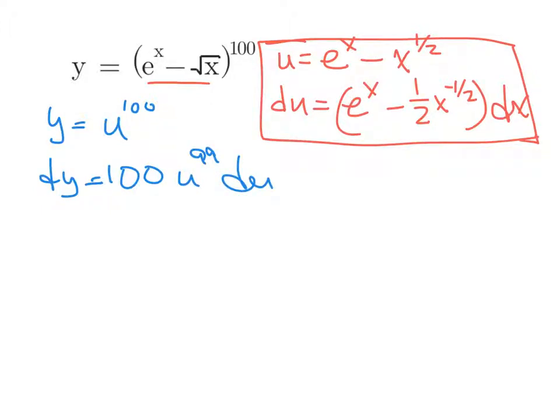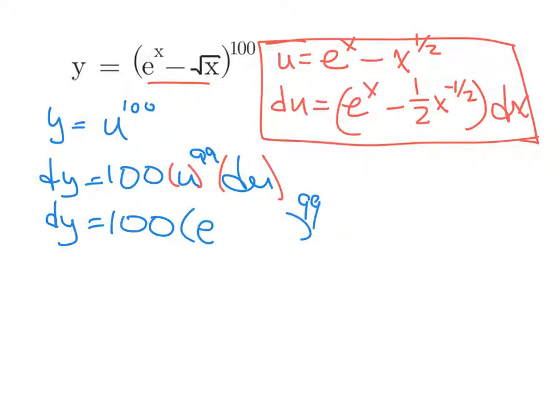Now that I have my differential, I'm going to go back and substitute for u and du into this equation. So what I'll be left with is that dy is equal to 100 u to the 99th. But u is e to the x minus x to the 1/2.